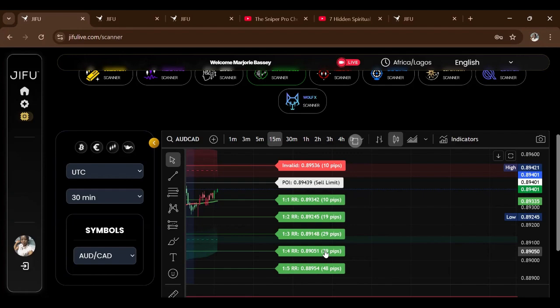Now for sell stop, I come to the same AUD pair, click under market execution and I click sell stop. Now for sell stop, the entry price has to be below the current market price. The current market price is 0.89391.